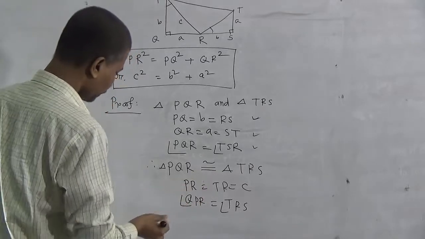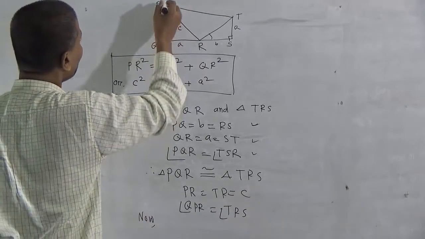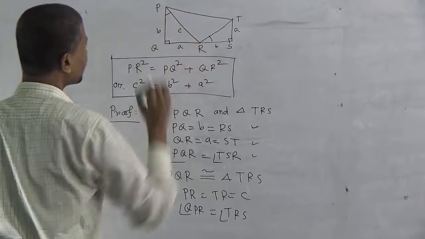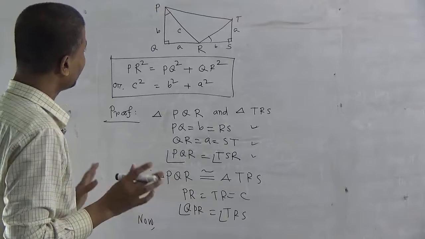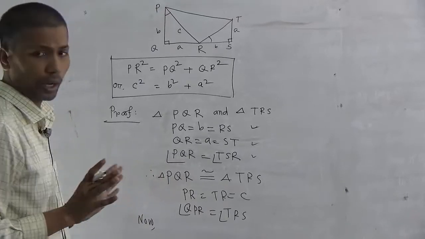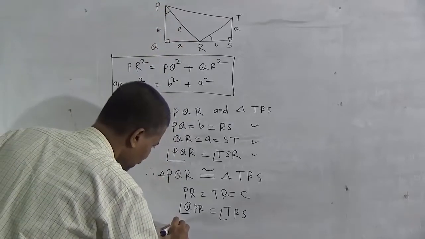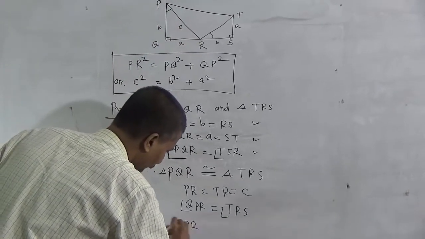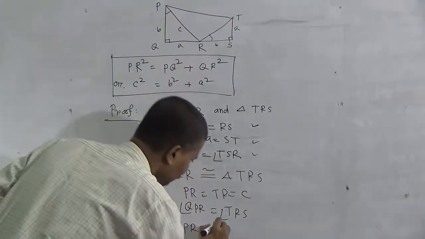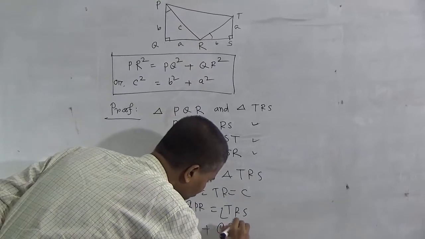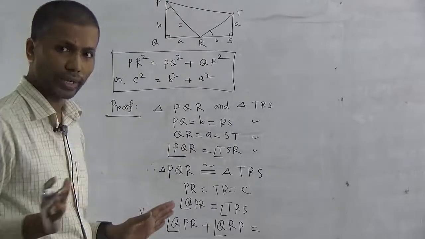Now again look, QPR plus QRP, this is equal to one right angle, because we know the sum of the three angles of a right angle triangle equal to 180 degree. Okay. So we can say QPR plus QRP. This is equal to what? Must be one right angle.